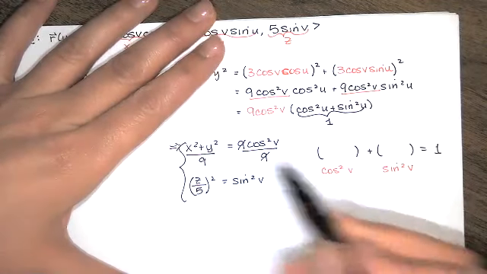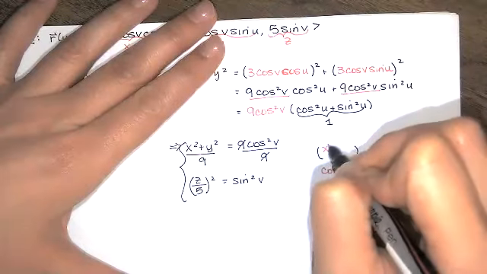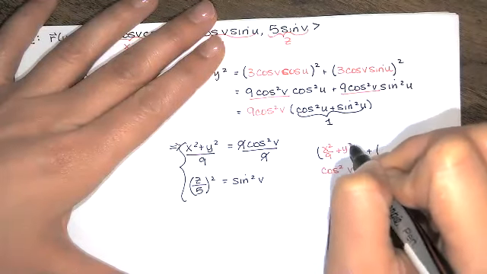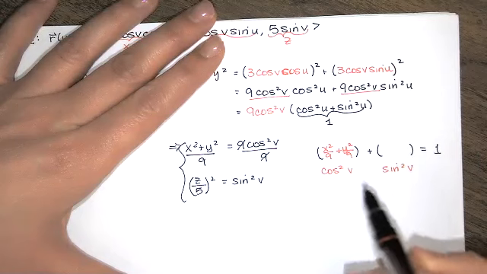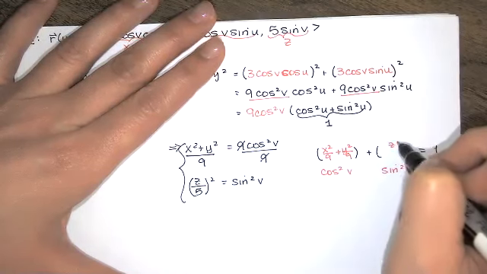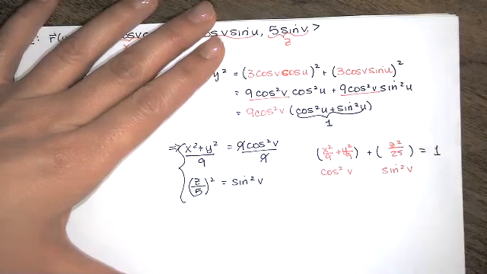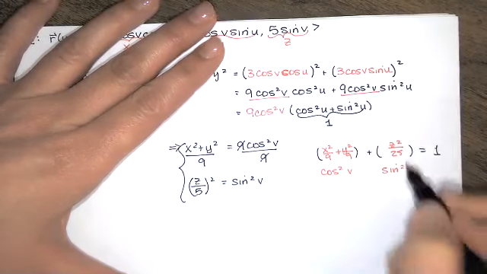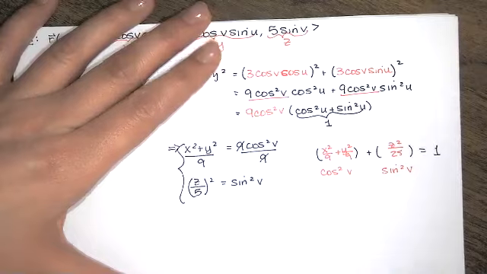Well, in our case, cosine squared v turns out to be x squared over 9 plus y squared over 9, and sine squared v ends up being z squared over 25. So now we've got an equation involving x, y, and z.